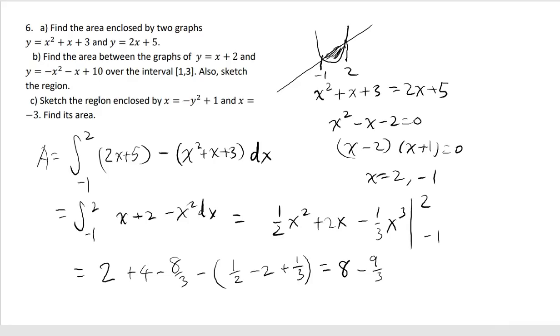And then we still have this 1/2, so that should also be there. And 9 over 3 is just 3, so we have 8 minus 3, which is 5, 5 minus 1/2. And since 5 is 10 over 2, if you subtract 1/2 from it, you get 9 over 2 as the area enclosed between the two.